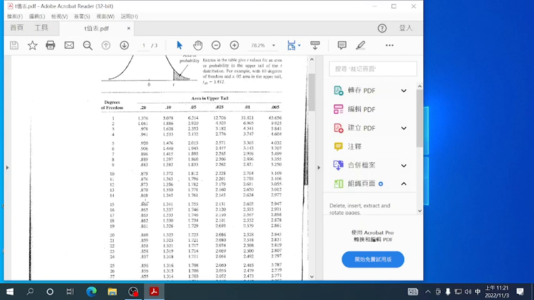So in other words, if your test statistic, computed by this formula, falls on the area which is somewhere here, this is the allowable type 1 error.